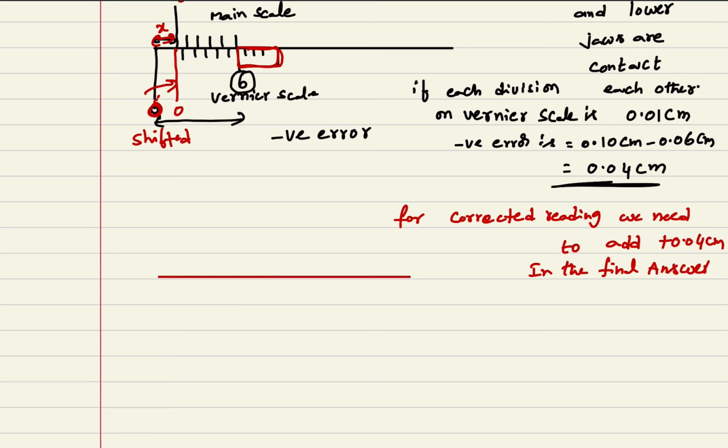I am taking now positive zero error. Let us consider zero on the main scale. Whenever the lower jaws are meeting each other, if the zero division on the Vernier scale coincides to the right of the zero on the main scale, we call that error positive error.